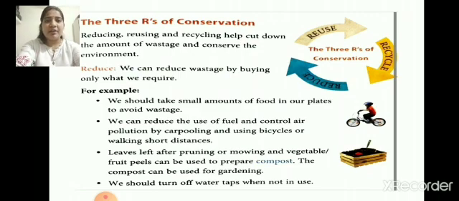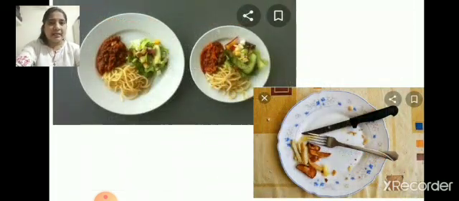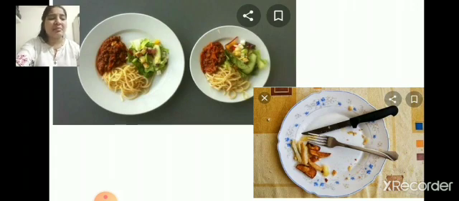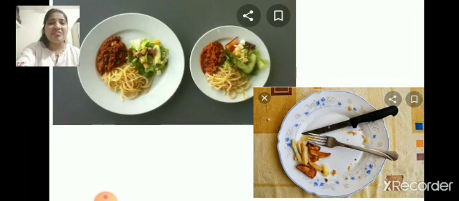For example, children, we should take a small amount of food in our plates to avoid wastage. As you can see in this picture, we have to take a small amount of food. You can see the 2 plates. Sometimes, children, we like the food, so we take a lot, thinking we are very hungry and can eat a lot. Or if it is very tasty food, we take it, and after some time we realize we can't eat that much, so the food gets wasted.